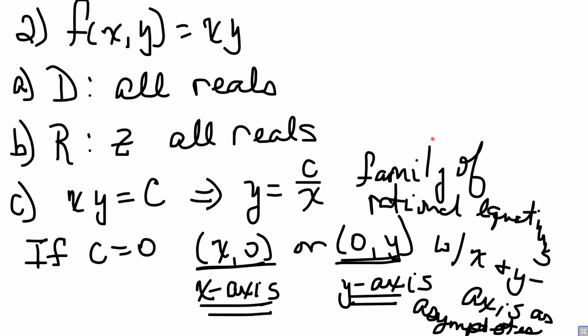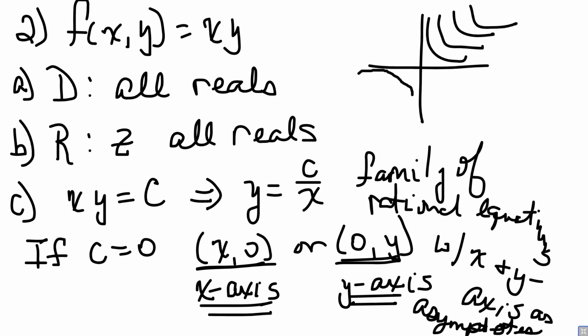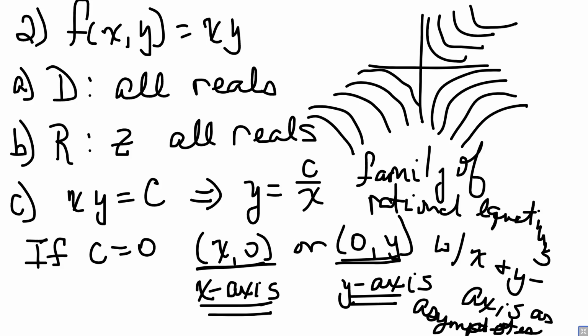But on the second piece, if we are looking at the graphs, it's going to be a family of functions that look like this, going this way, and then it's going to switch quadrants based on whether c is positive or negative. If c is positive, it's going to deal with just these. If c is negative, it's going to deal with these.